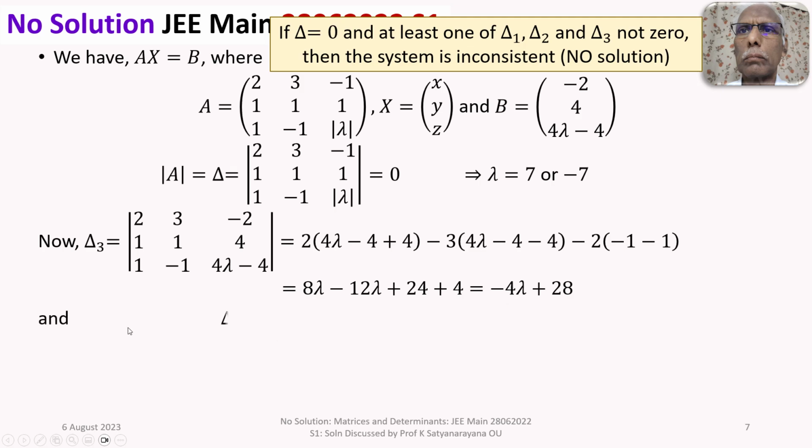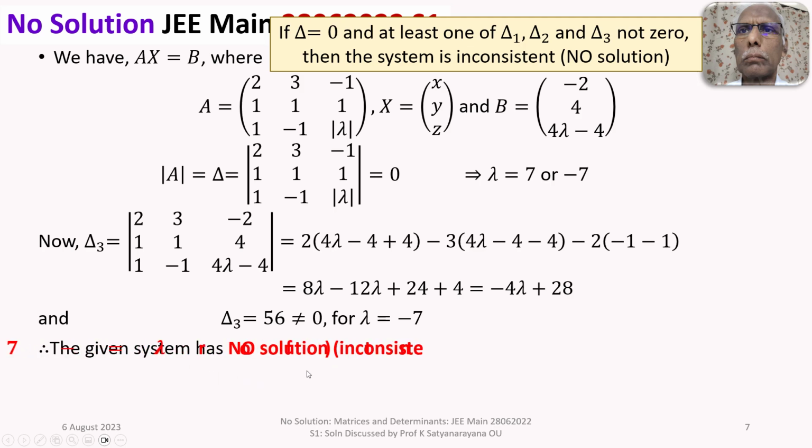Now for delta 3, if you put lambda is equal to minus 7, minus 4 into minus 7, that is 28, plus 28, 56, which is not equal to 0. So delta 3 is equal to 56, not equal to 0 for lambda is equal to minus 7. So one of delta 1, delta 2, delta 3 is not 0. Therefore, the given system is inconsistent, that is, it has no solution, for lambda is equal to minus 7.